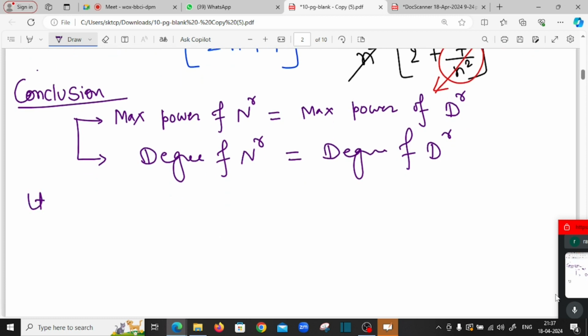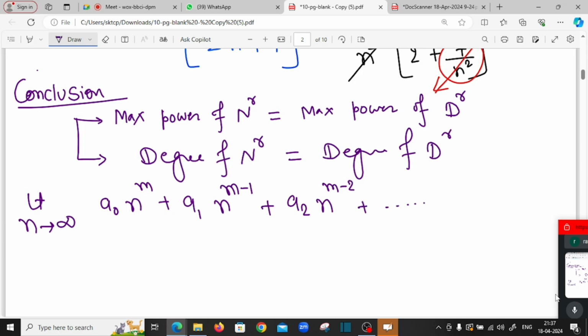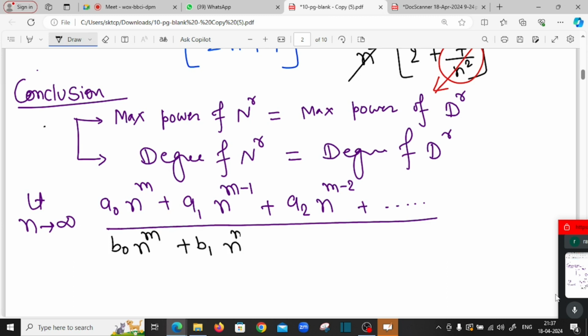For example, limit n tends to infinity, I have a naught n raised to power m plus a1 n raised to power m minus 1 plus a2 n raised to power m minus 2, and so on, going like this, upon, in the denominator, we will have b naught n raised to power m plus b1 n raised to power m minus 1 plus b2 n raised to power m minus 2, and so on.